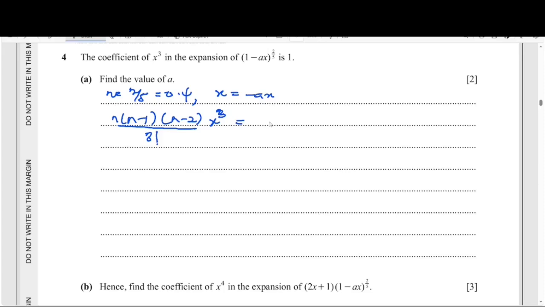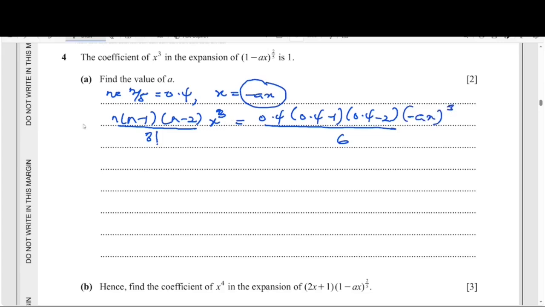So that gives us 0.4. I'm using a decimal. Then 0.4 minus 1, again 0.4 minus 2, all divided by 3 factorial, which is 6, and then times x cubed, which is negative ax exponent 3.